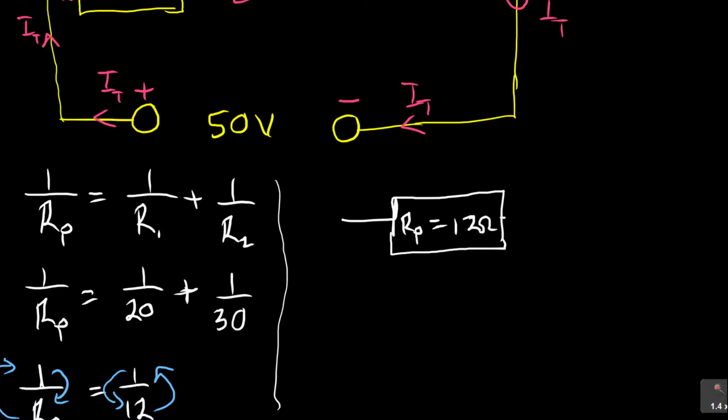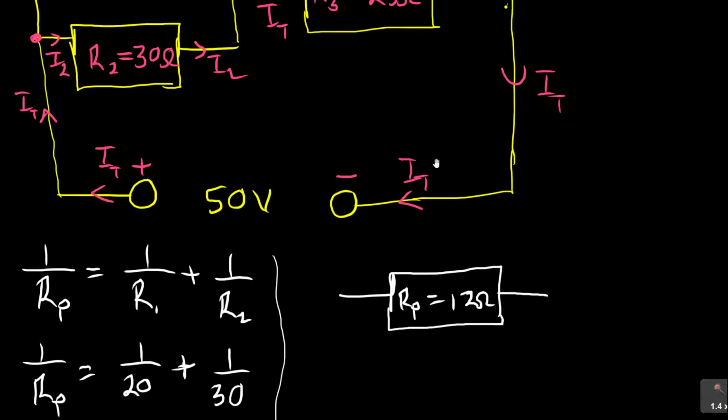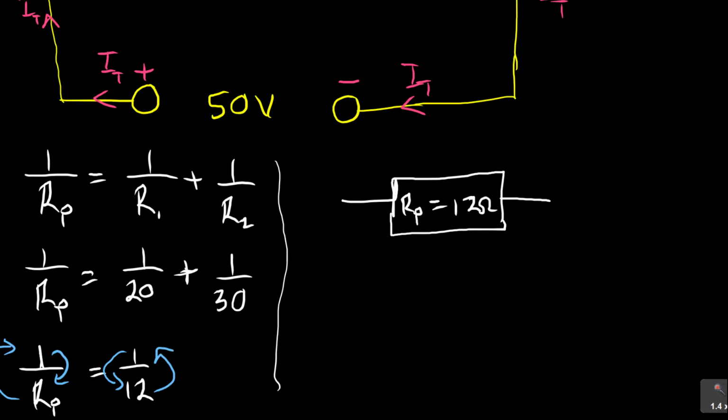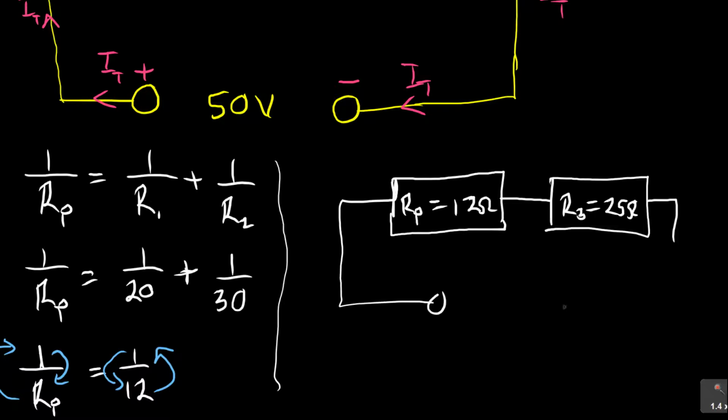Are you seeing that? And then we still have our series connection of 25 ohms. Don't forget that one here, which was our R3 equal to 25 ohms. So you still have that, and still connected to our supply, which is the 50 volt supply.